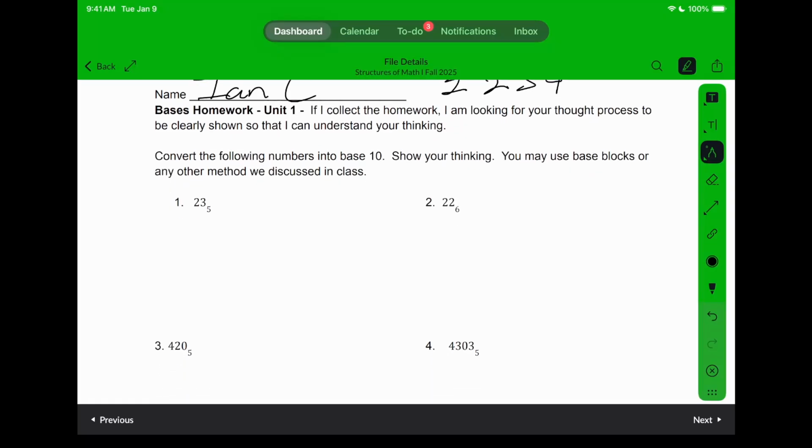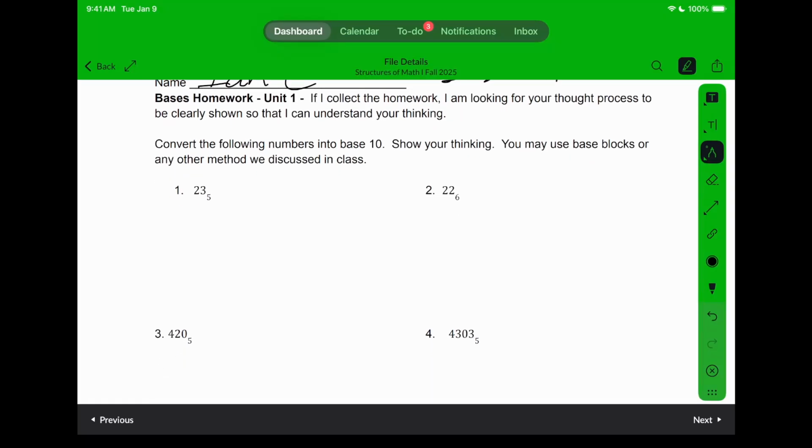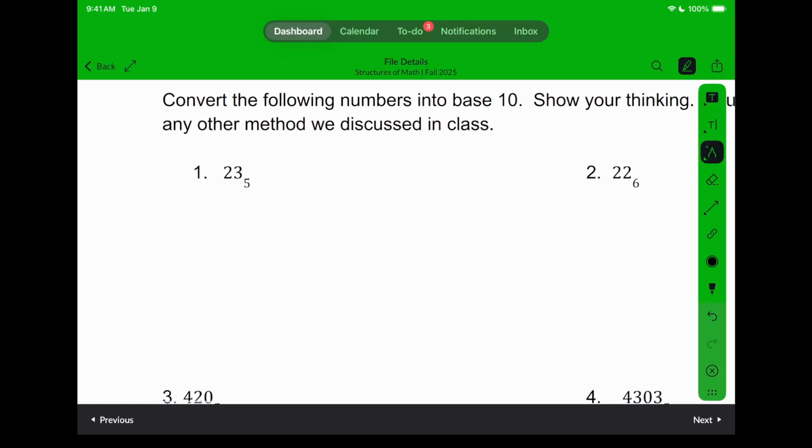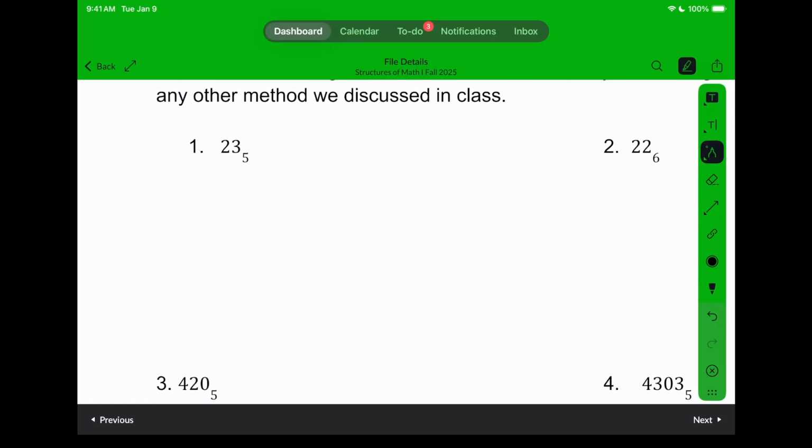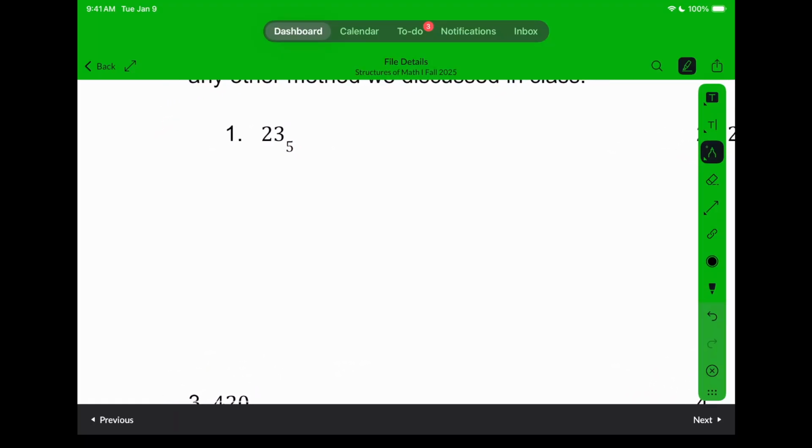So starting off with number 1, 23 base 5. We have to convert it into base 10. So we can just draw out the base blocks. So 2, 3. It's going to be 2 longs and 3 units.